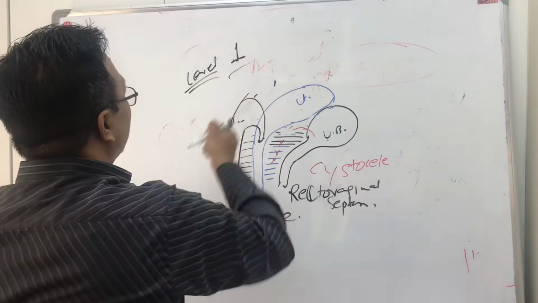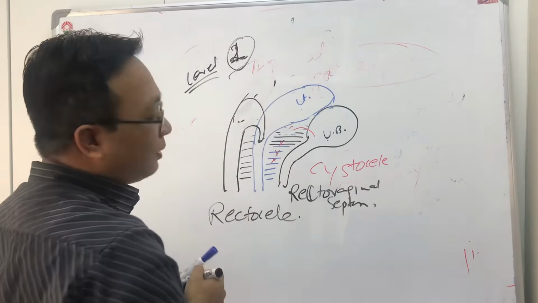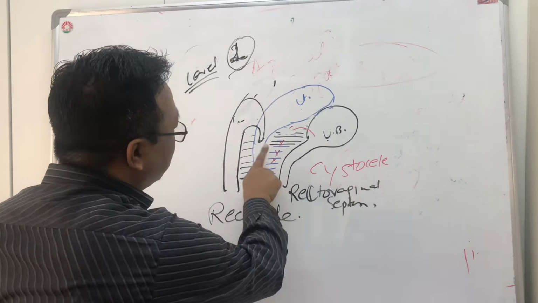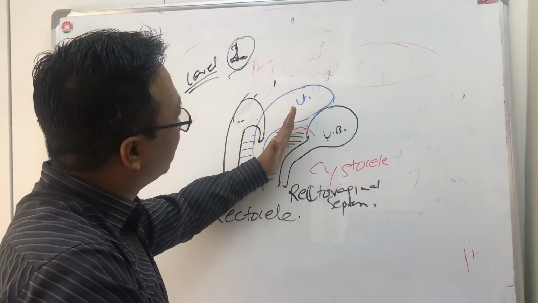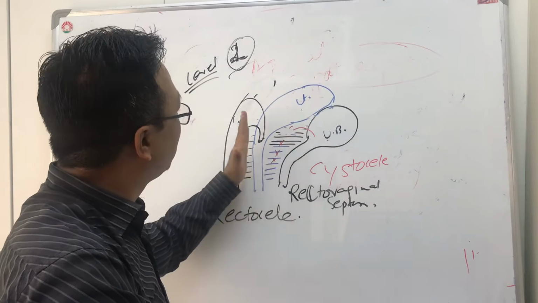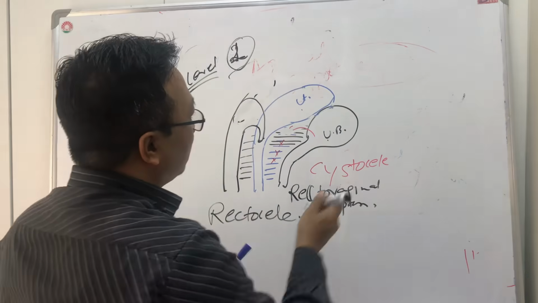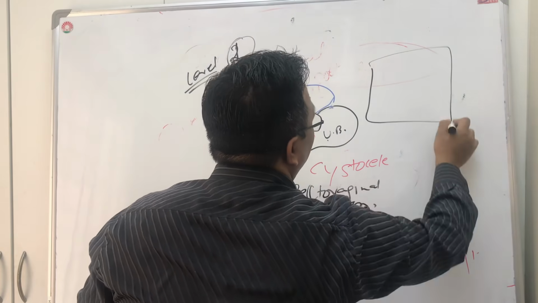Now when there is a problem in the level 2 support, what is level 2? These are 2 septums which differentiate between the uterus, urinary bladder, and rectum. I can make a schematic diagram like this.